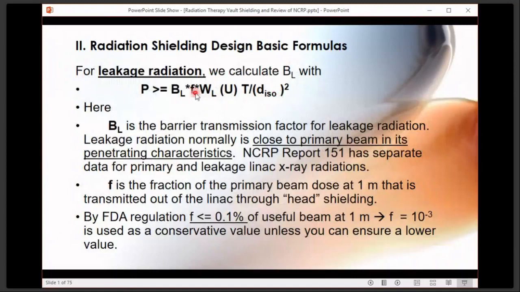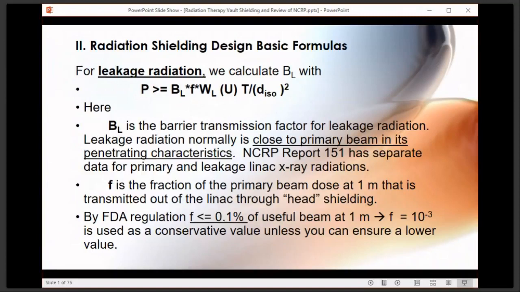And there's an extra little factor, F here. So BL is the barrier transmission for leakage, and leakage radiation is normally fairly close to primary beam radiation. If you don't have a table of TVLs for leakage radiation, you would use the primary and you'd be on the conservative side.